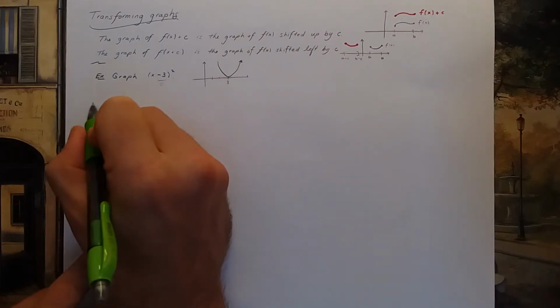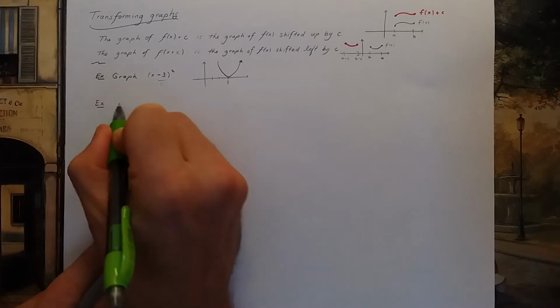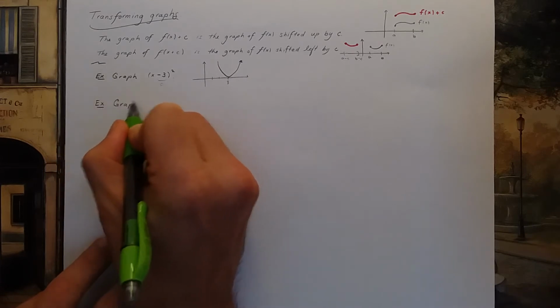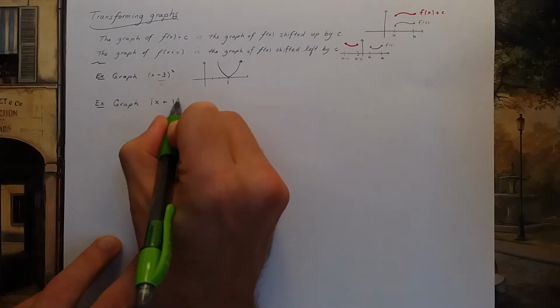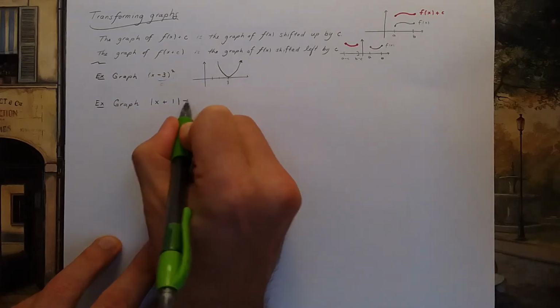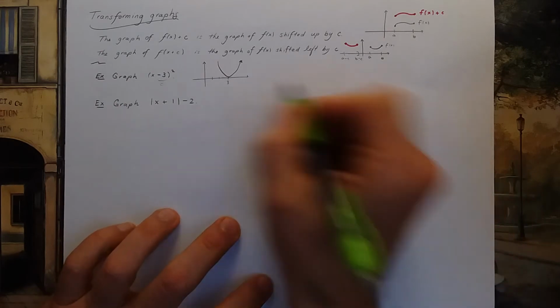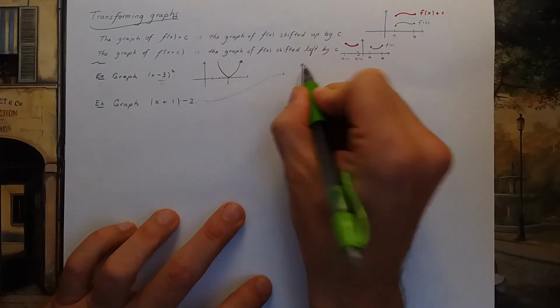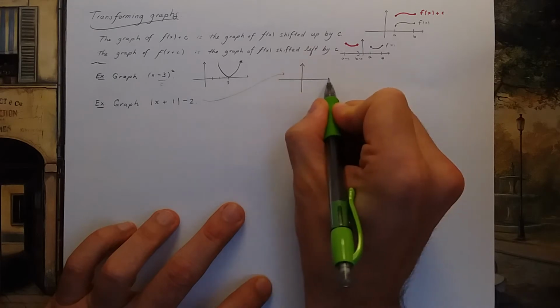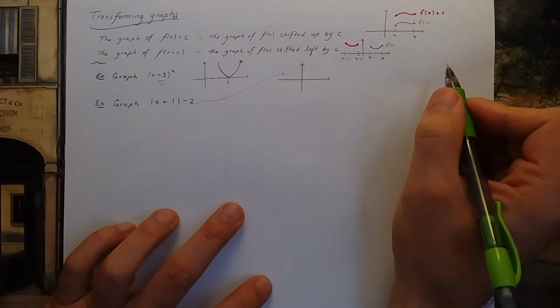As another example, I can graph the function x plus 1 in absolute value minus 2. I'll do that one over here. That graph is the graph of the absolute value function shifted over.